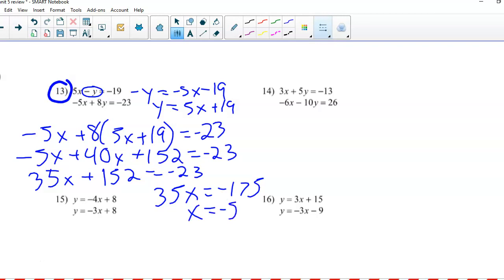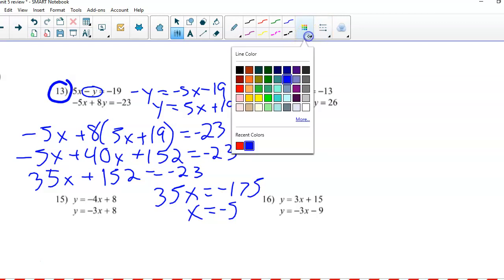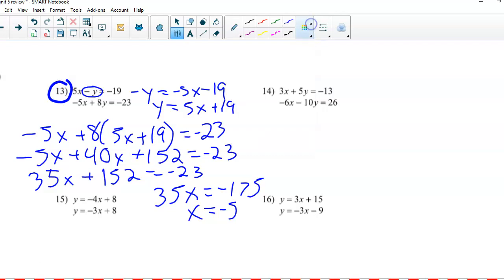But remember, we need to find x and y, so we need to go back and put that in. I'm sorry, I'm thinking elimination. I'm going to put this back in here. So y equals 5 times negative 5 plus 19. What would y equal?